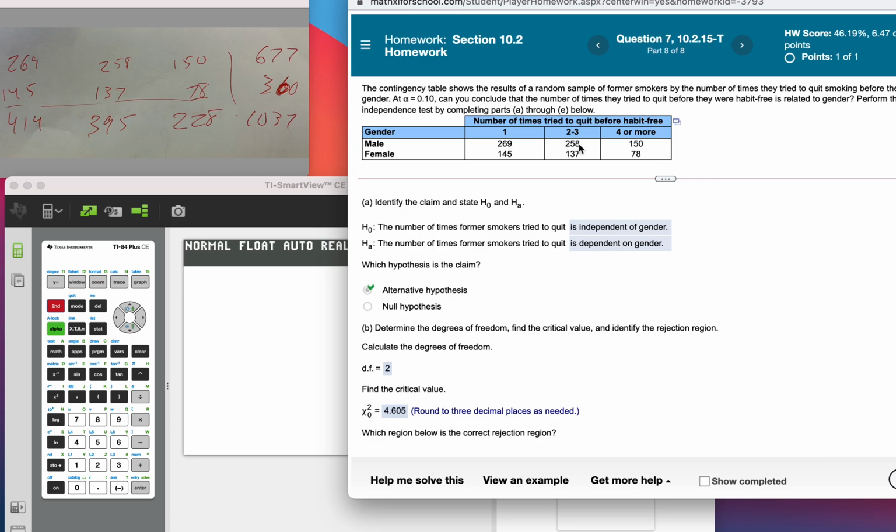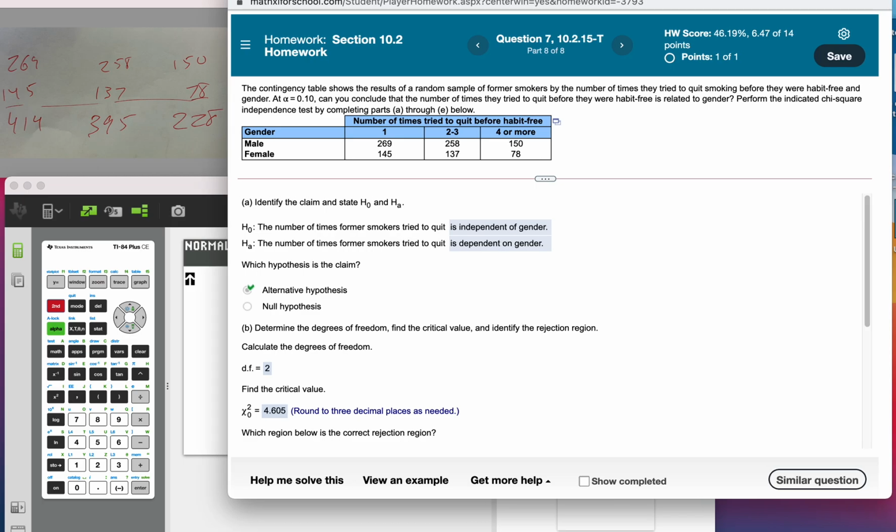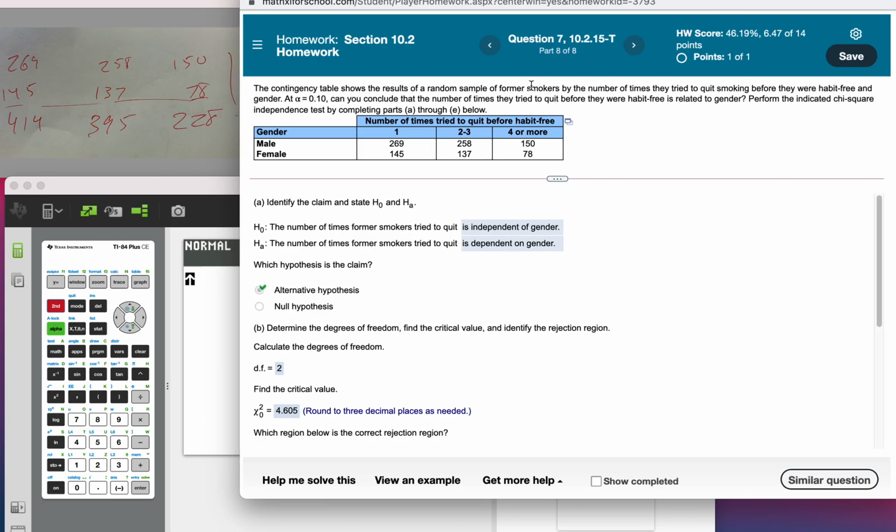Because if I add these rows up, it'll be a much bigger number than these numbers. So what we're looking at, whether we get to percentages or not, is actually percentages. But anyways, we're trying to determine if there's a difference between male and female who have tried to quit smoking cigarettes. So I'll let you see the whole problem.